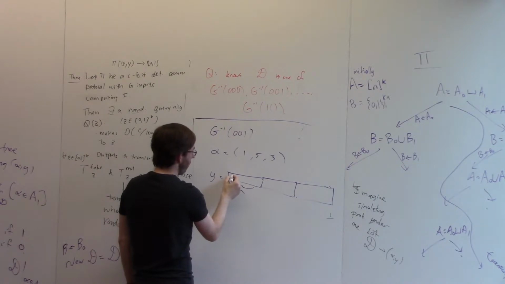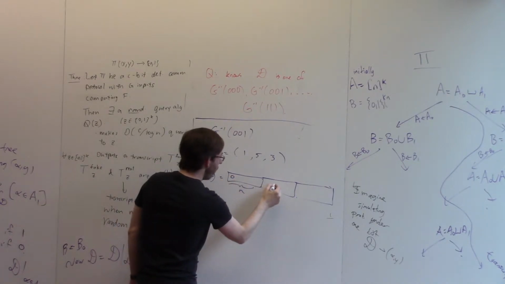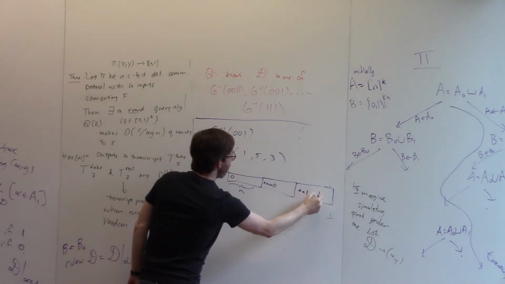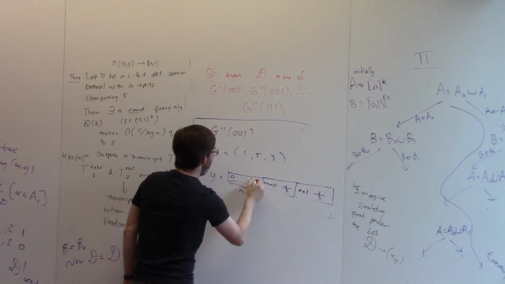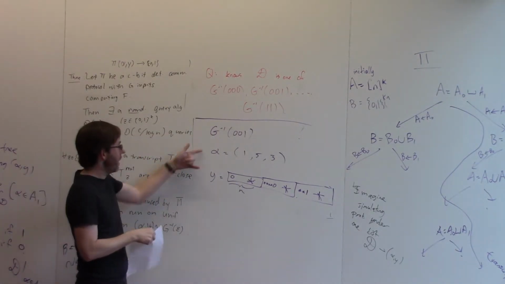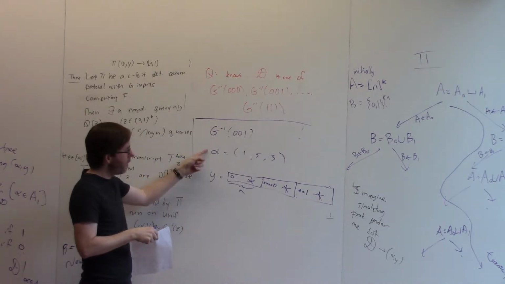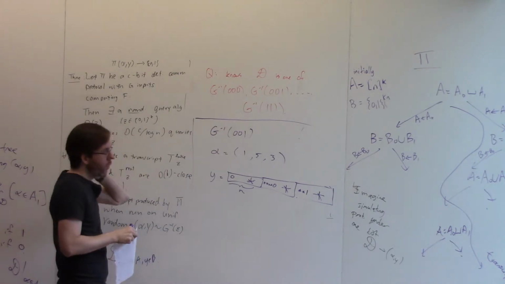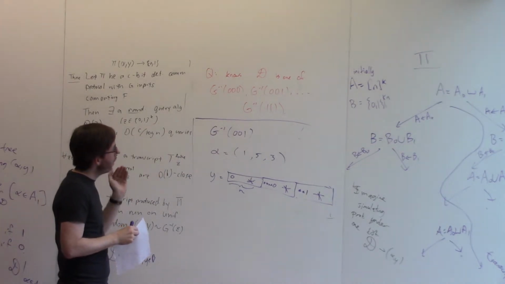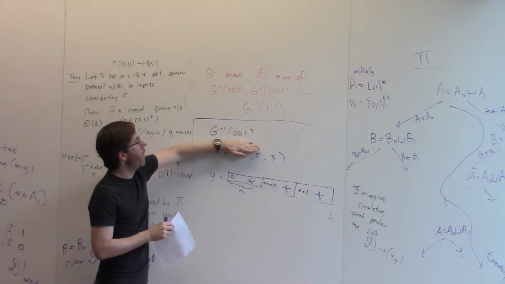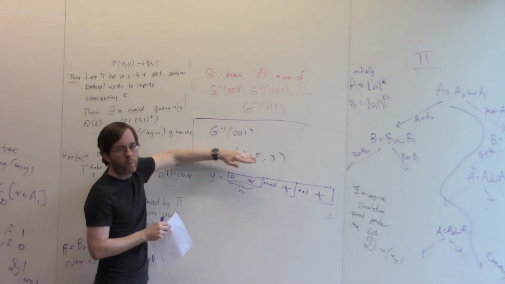So it's all strings that look like 0, star, star, star, star, star, star, 1, and then star, star, star. This is an example of a pair. Anything that looks like this, and this alpha, is a pair that's in G inverse 0, 0, 1. But somebody please tell me, in the uniform distribution on this set, what is the marginal on the alpha part?